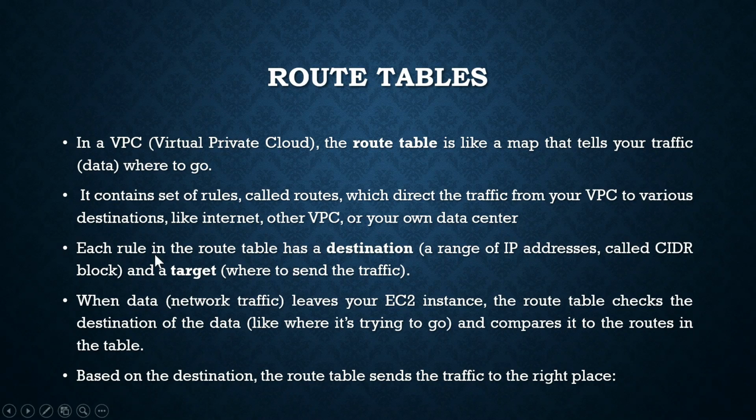Each rule in the route table has a destination, a range of IP addresses called a CIDR block, and the target, so where to send the traffic. When data leaves your EC2 instance, the route table checks the destination of the data and compares it to the routes in the table. Based on the destination, the route table sends the traffic to the right place.